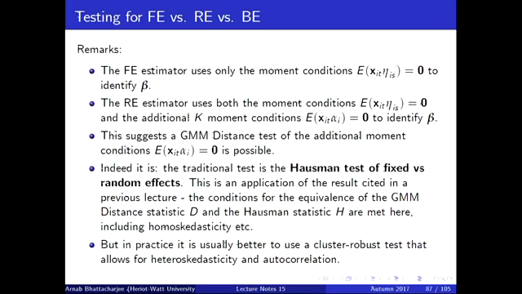Is this test good in practice? Well, there are several problems with the standard version of the test, and you will come across this quite frequently. In your labs, you will come across it. In past exam papers, you will see several instances of this. There are two problems basically here. One is that, of course, these two are equivalent under the standard assumptions that we make about the errors.